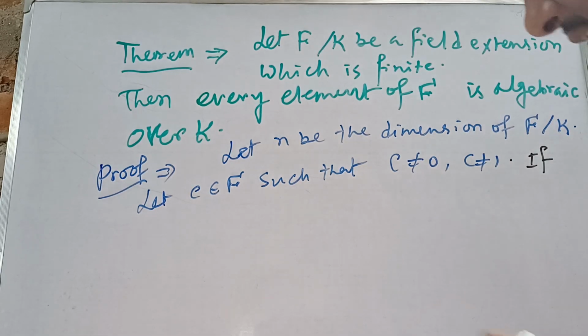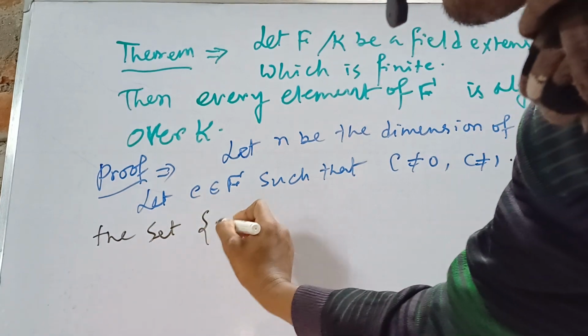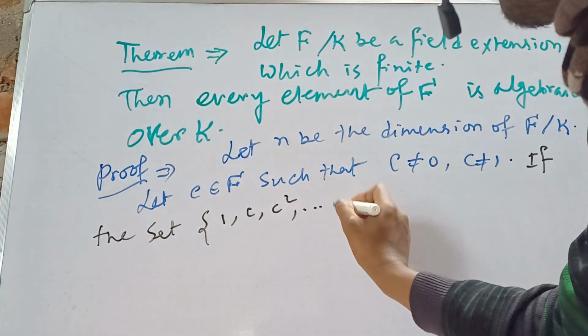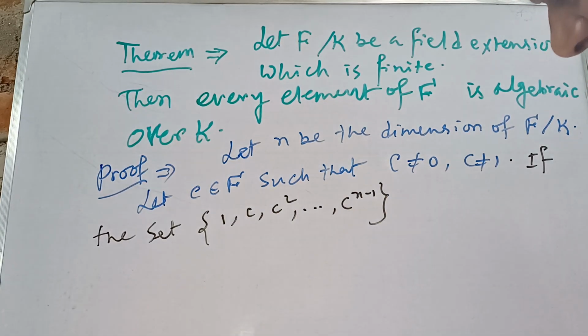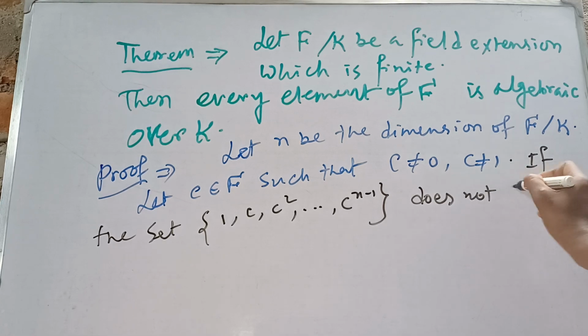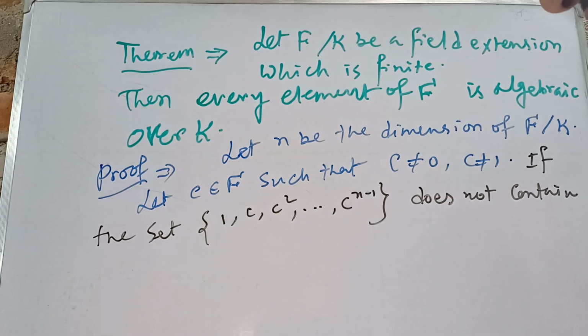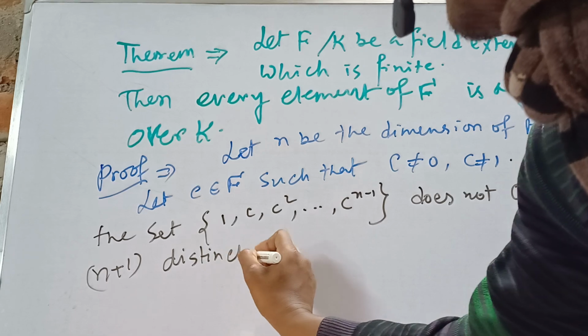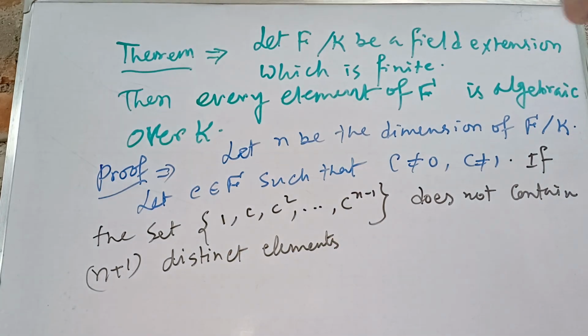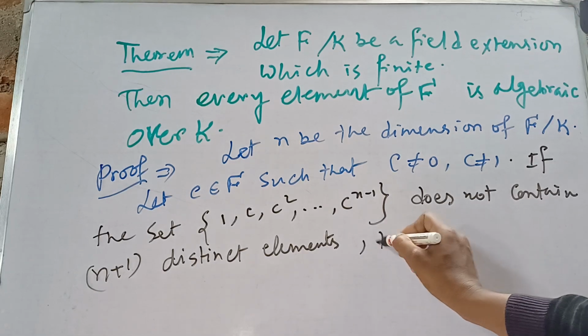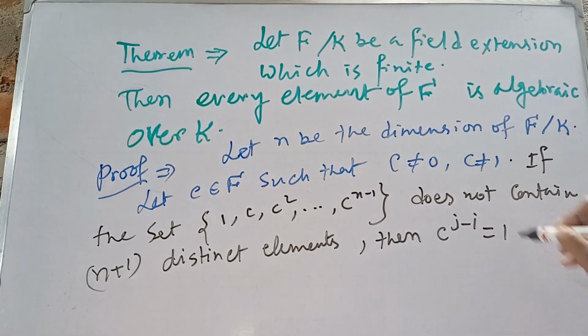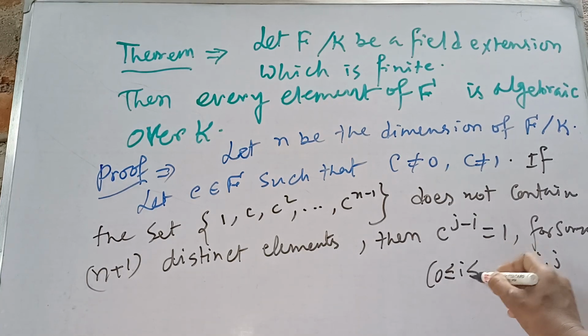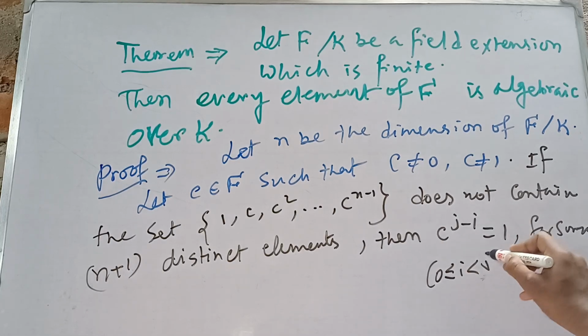Now if the set 1, c, c squared, up to c to the power n does not contain n plus 1 distinct elements, then c to the power j minus i equals 1 for some i, j with 0 less than or equal to i less than j less than or equal to n. That means this set does not contain n plus 1 distinct elements.